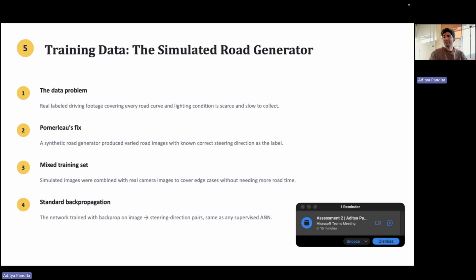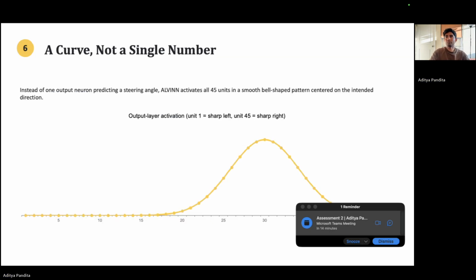Since it generated the road, these synthetic images were mixed with real camera footage, so the network sees both realistic and wide-ranging examples. Once we have that labeled dataset, training is just standard backpropagation, nothing exotic. The innovation is in how the data was produced, not the learning algorithm.